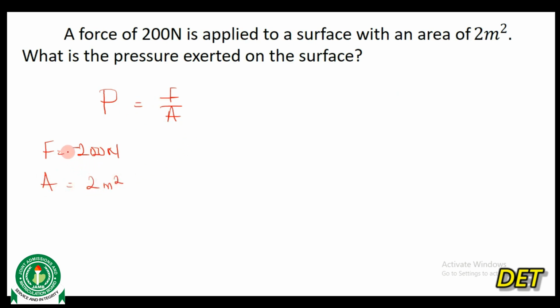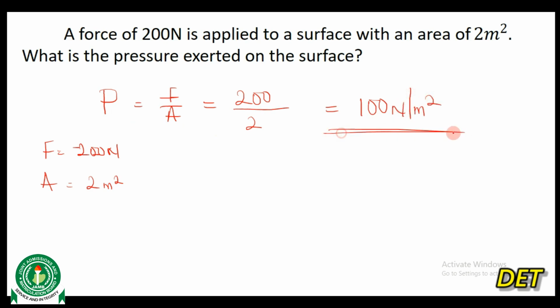So pressure is equal to 200, which is my force, over the area, which is 2. So 200 divided by 2 will give me 100. And what is the unit for pressure? Newton per square meter, right?